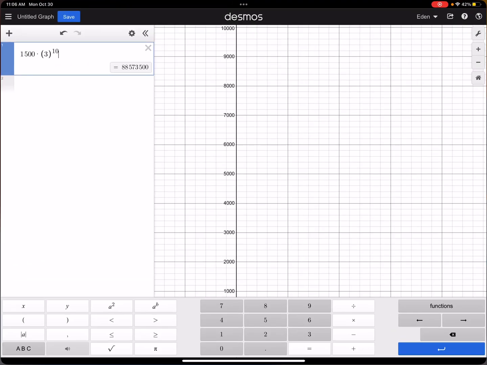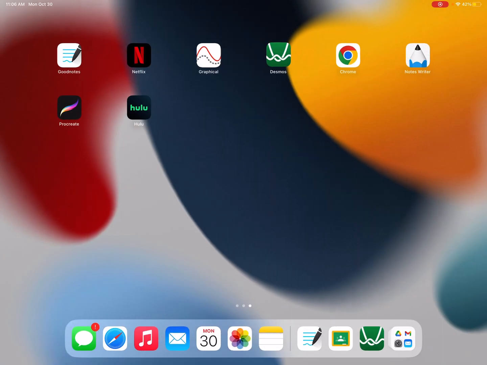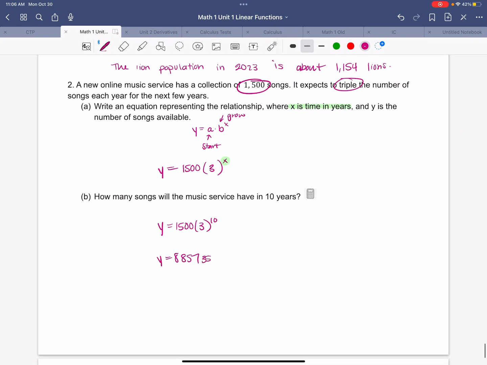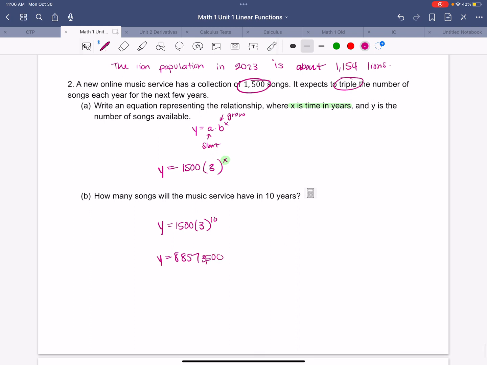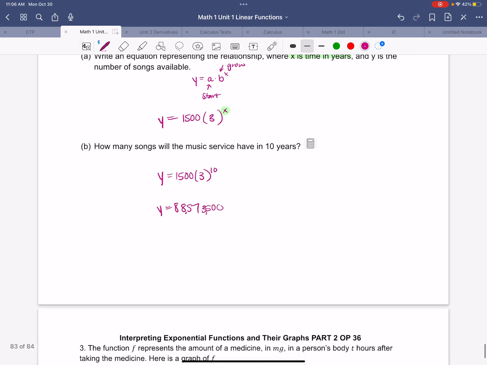Okay, I had that wrong. So about 88 million in 10 years. Actually, let's be precise here: 88,573,500 songs.